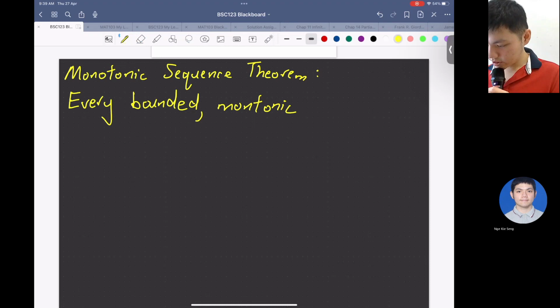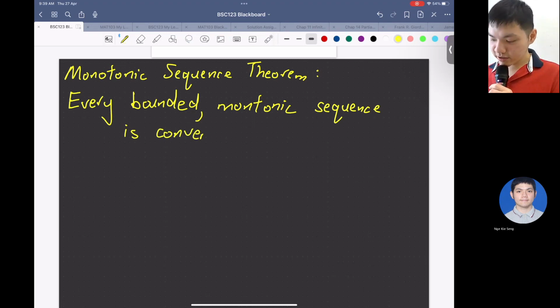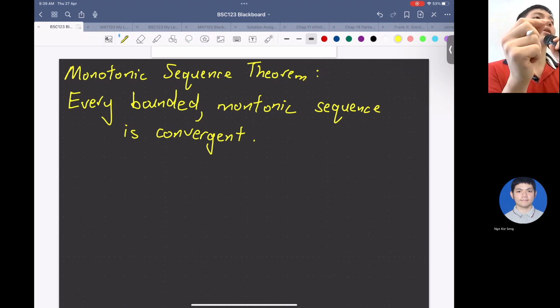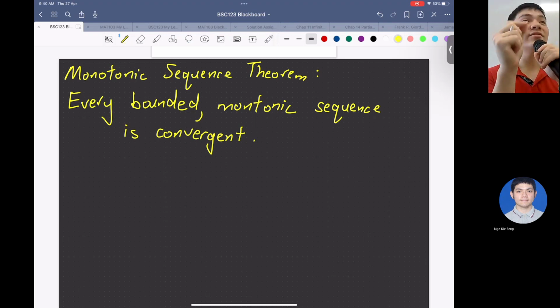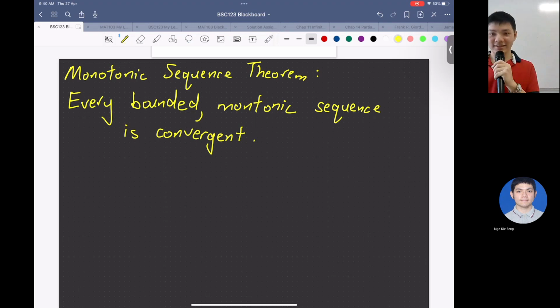Still, I want to remind you of the concept of limit. Limit doesn't mean you achieve the number. It can get arbitrarily close, but you can never reach the number. Okay, but you are very close to it. So this is the idea of limit.